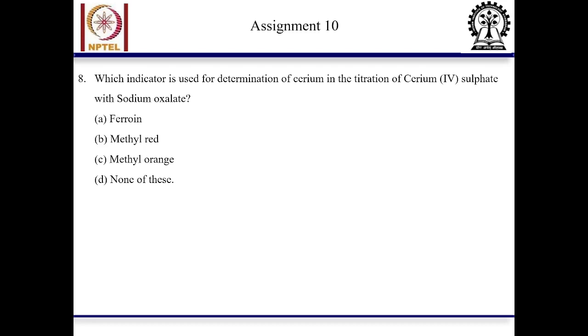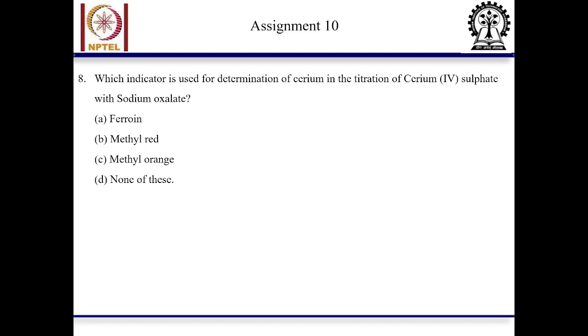I think somewhere, when you are going to determine iron 2 plus, I already told you what the complex forming with iron 2 plus is. I told you in some lecture that this is a very important redox indicator also.